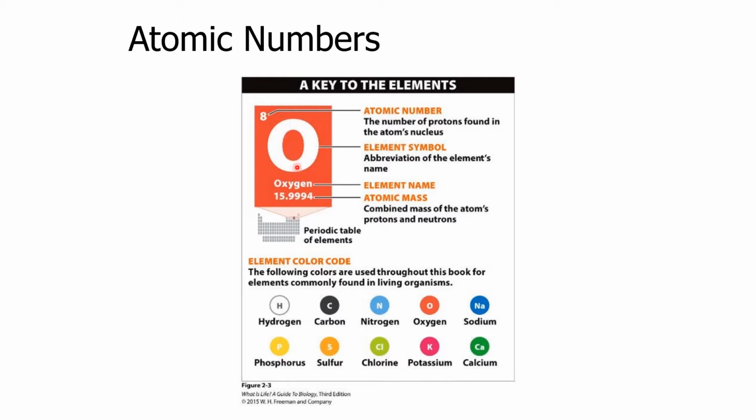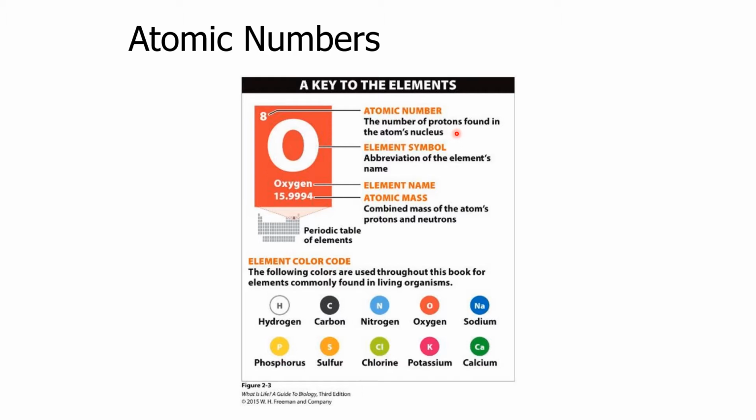Now, this is the symbol right here. On top of it, you have a number, and that number is known as your atomic number. What is the atomic number? The atomic number is how many protons this element has, how many protons it is carrying.